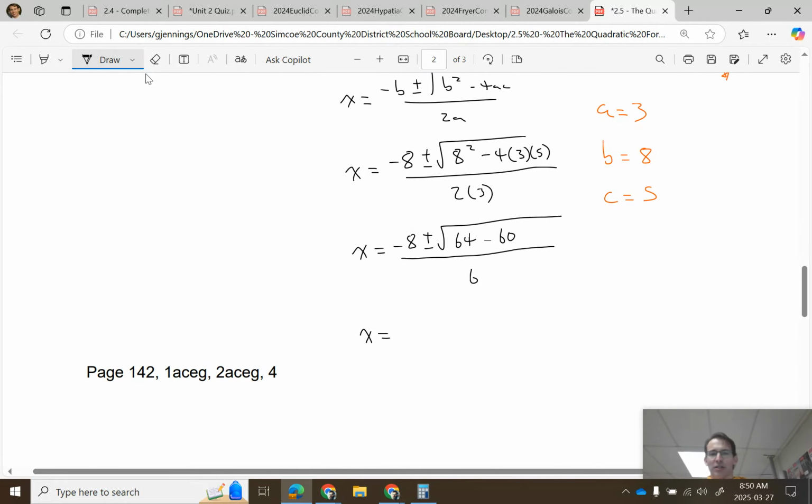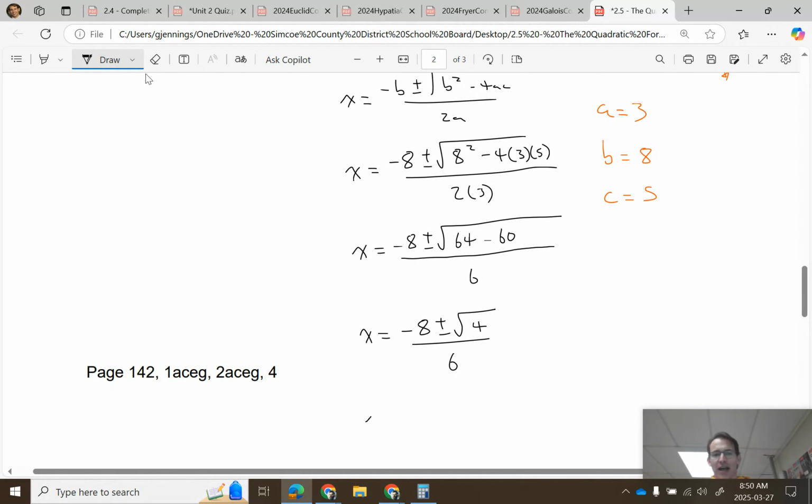X equals negative 8 plus or minus the square root of 4 over 6. Tell me, what integers is the square root of 4 in between? No. Square root of 4. Just 2. Just good old 2. Oh, what did we just find?